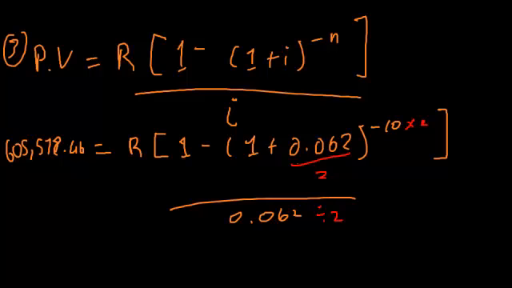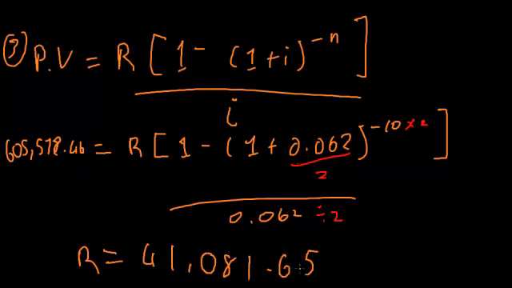And when you isolate for R, we see that it equals, so every 6 months he will be able to withdraw $41,081.65.